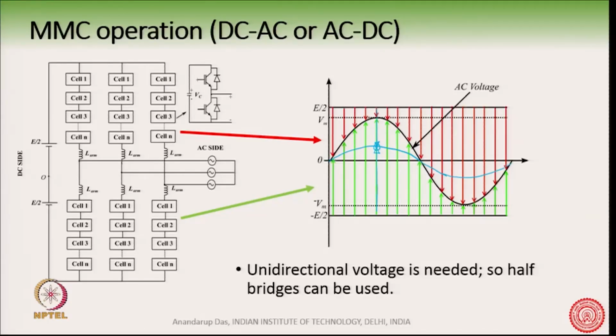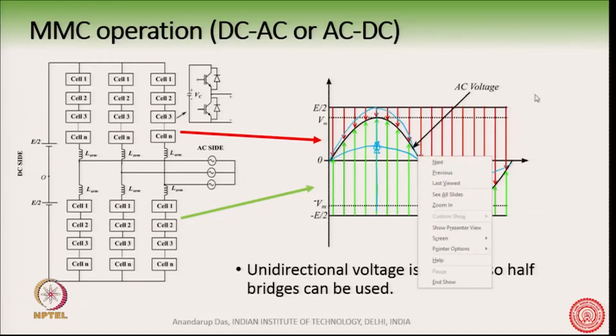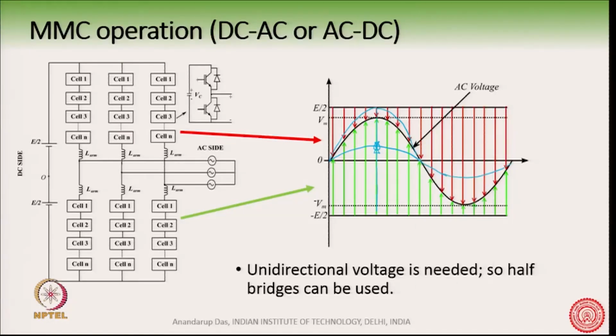So, it can even be made 0, you can make the voltage 0 also. Now, how much voltage can you produce? The maximum voltage that can be produced from the converter is this much here. The maximum voltage can be produced like this here.